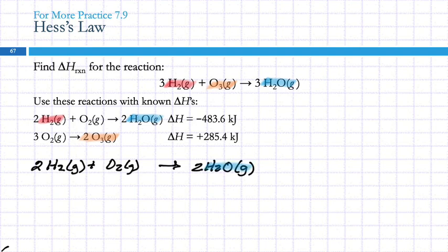So they've got the blue one and the red one. And let's just do it the same way and leave the numbers, the coefficients, till the end. So I did not change that chemical equation, so I'm not going to change delta H. Still minus 483.6 kilojoules.